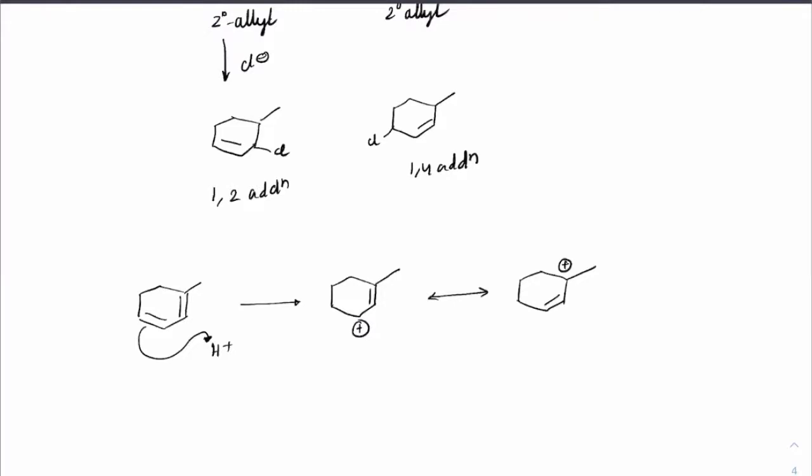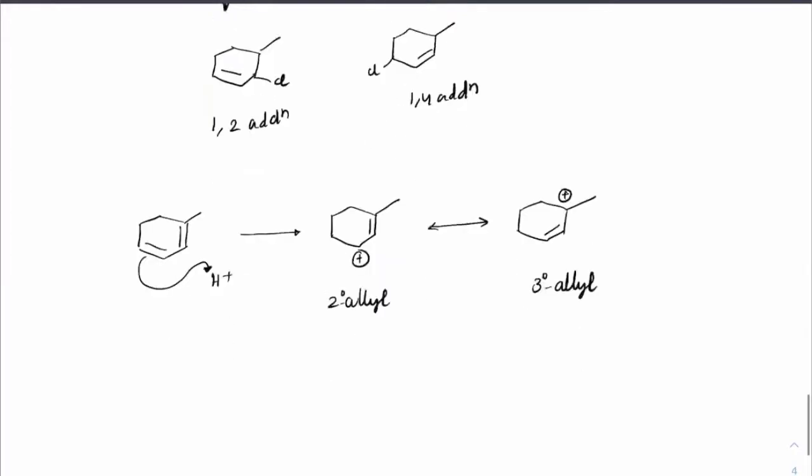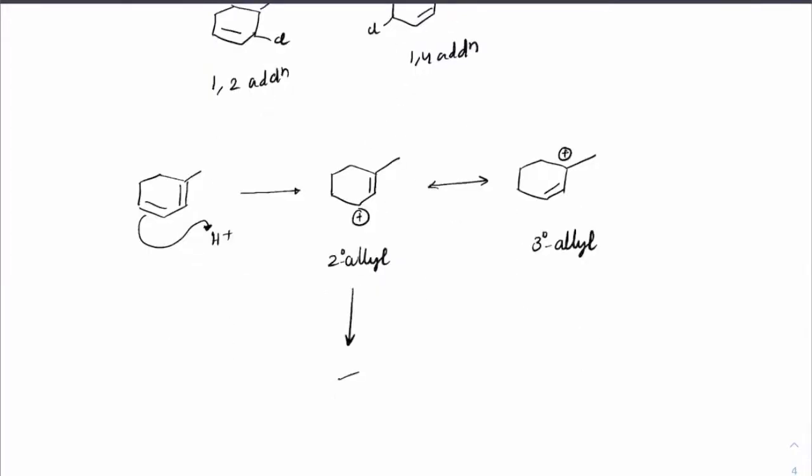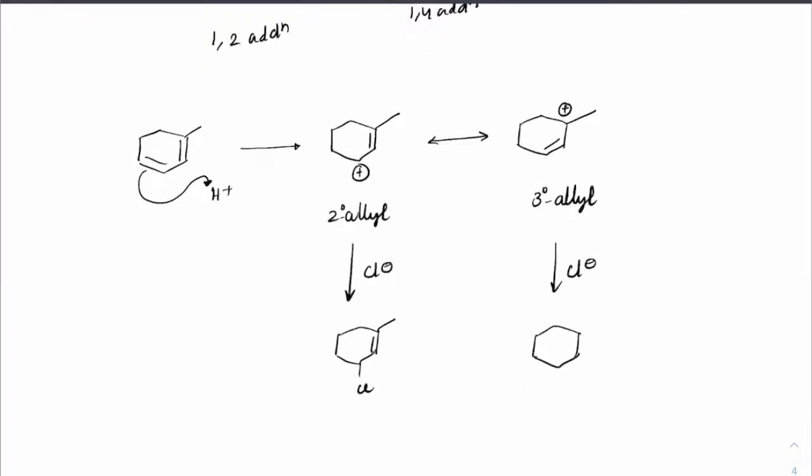So this is the most stable carbocation which you'll get. From second degree allyl, it has moved on to 3 degree allyl. On this 3 degree allyl, second degree allyl, if the addition happens with Cl minus, what do we get here now? We'll get Cl here, double bond, and this way it will remain. If we get Cl here, double bond, and double bond here, and Cl here. Clear?